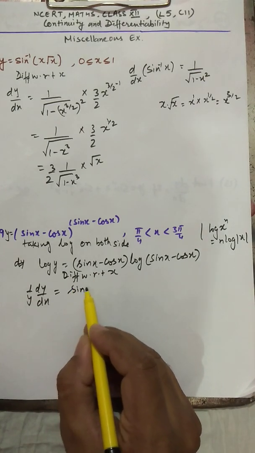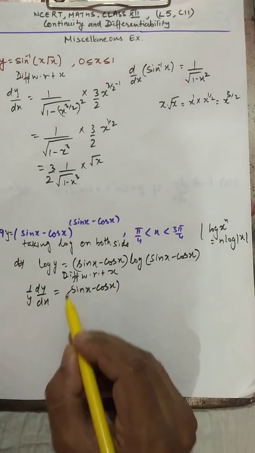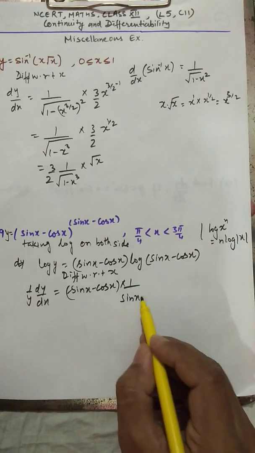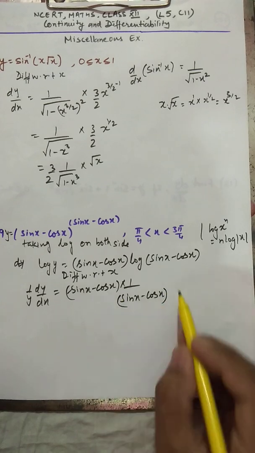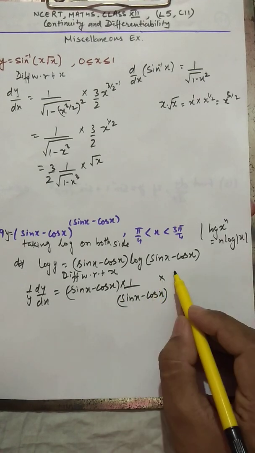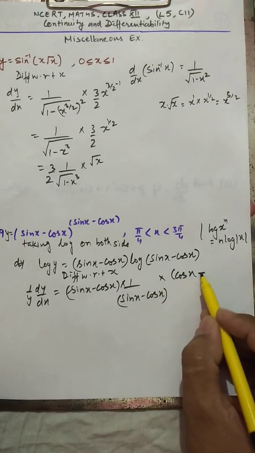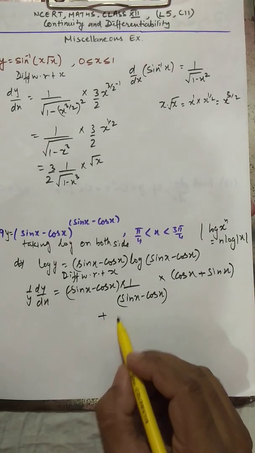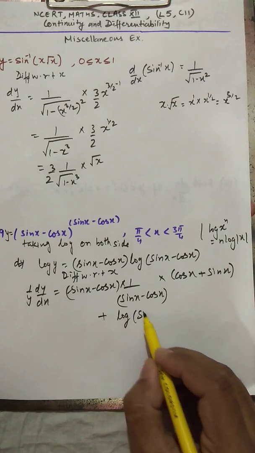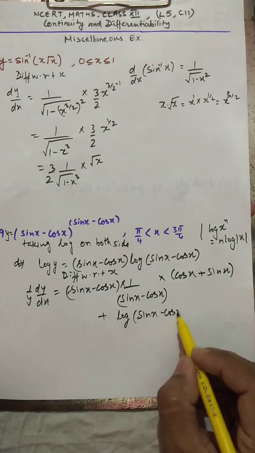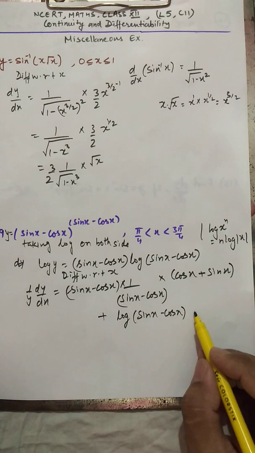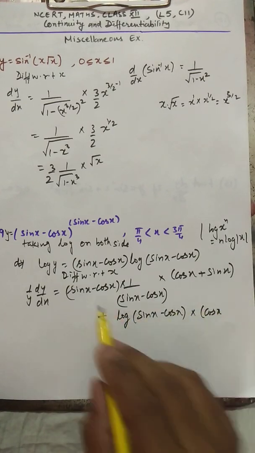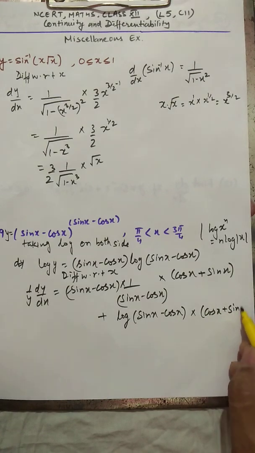So take sin x minus cos x as it is, differentiate the log, this becomes sin x minus cos x into the derivative of this, the derivative of sin x is cos x and of cos x is sin x, plus log of sin x minus cos x, you will take this, and the derivative of sin x is cos x, and this cos x will become sin x.